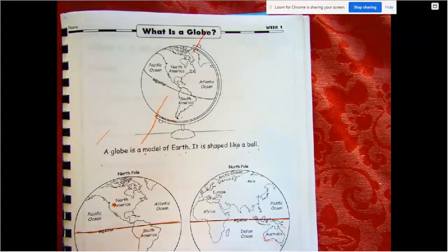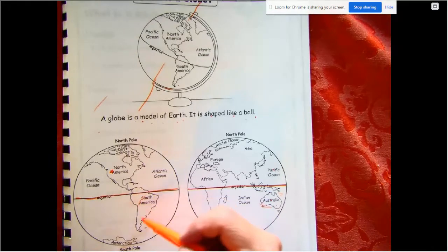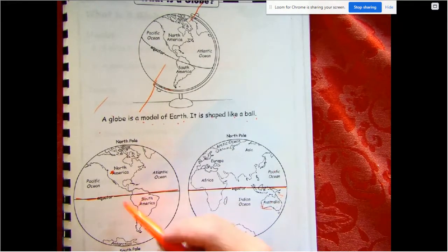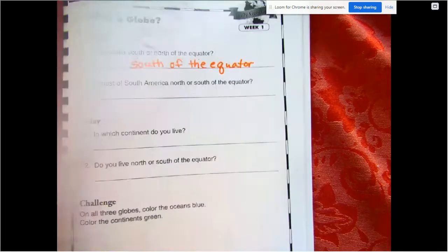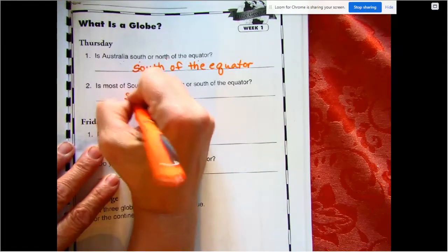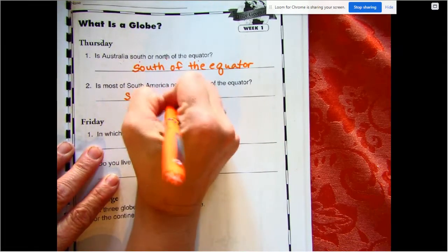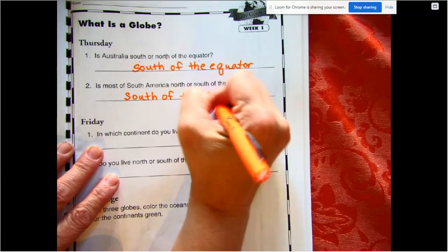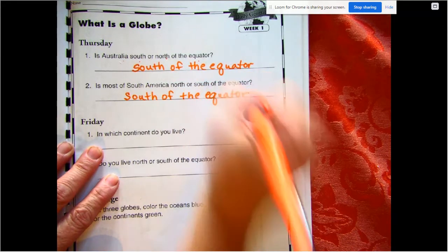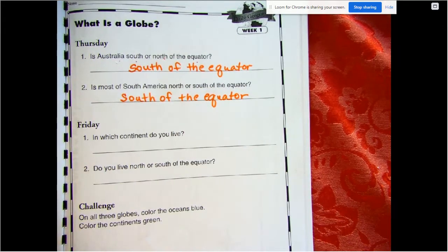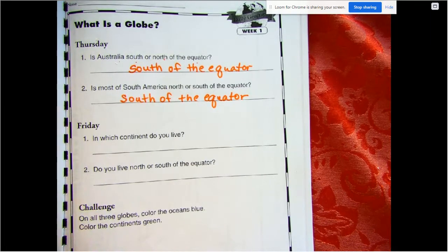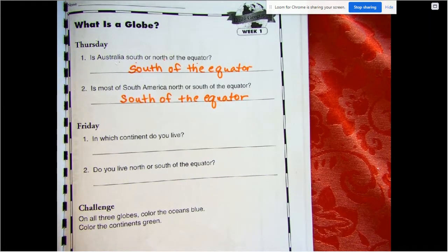Okay. So here's South America. Is most of it north of the equator or south of the equator? So most of it is down here. So it is south. Okay. Go ahead and pause it if you need to.